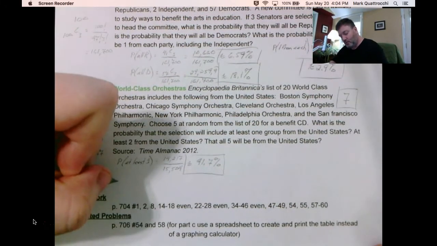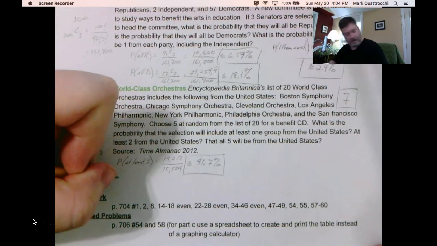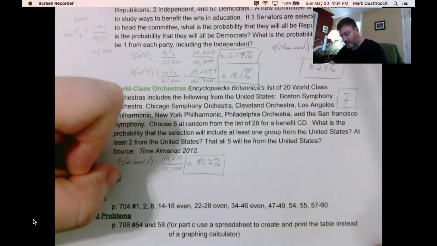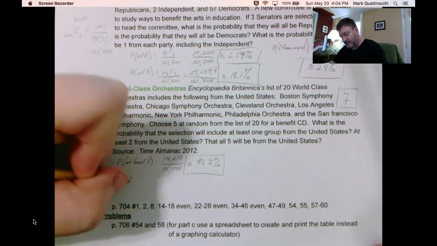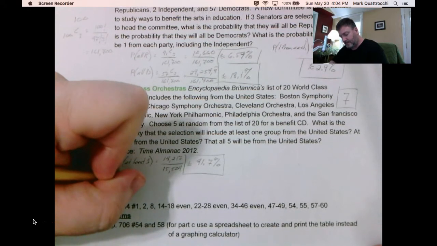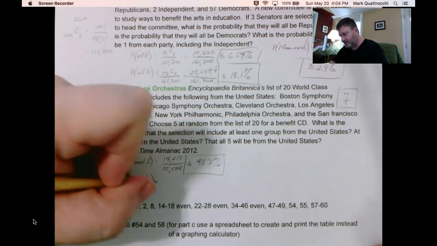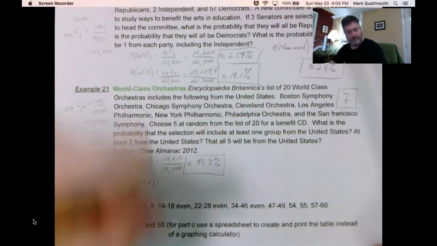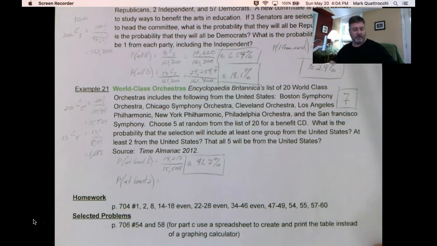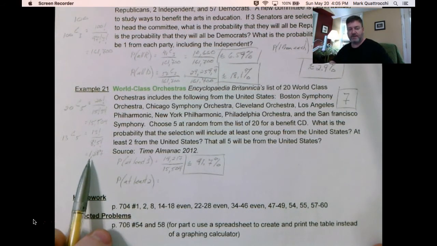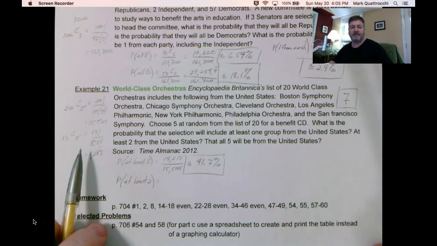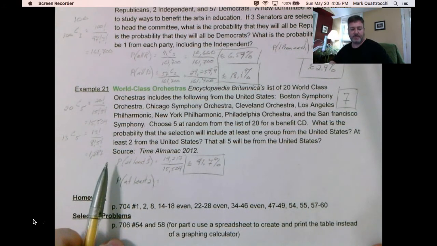At least 2. This is the tricky one. So we already have the at least 1. So this is all the non-United States combinations.